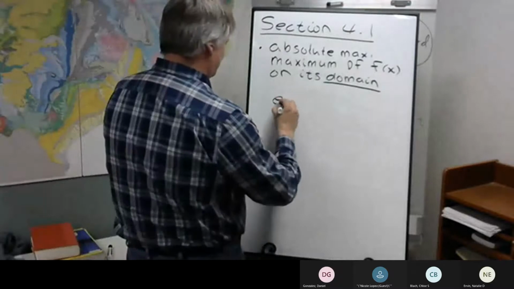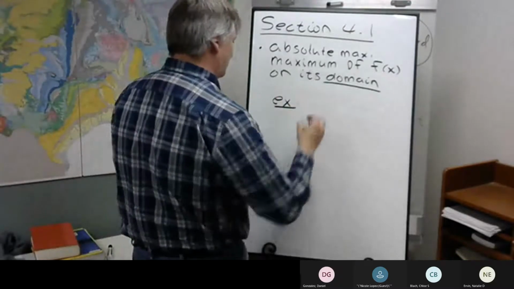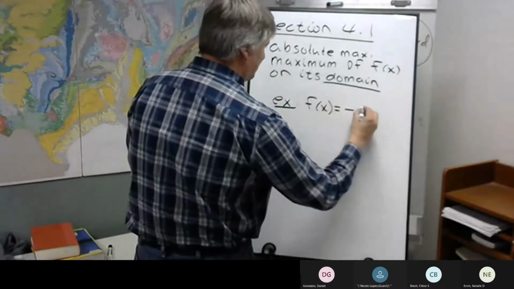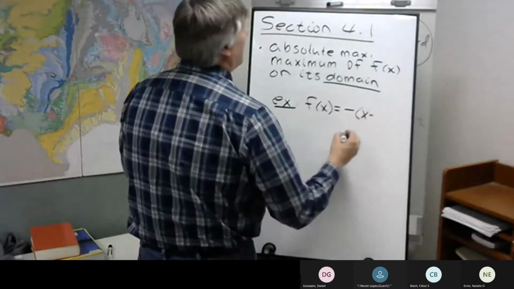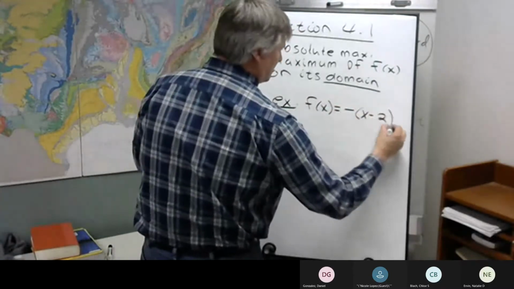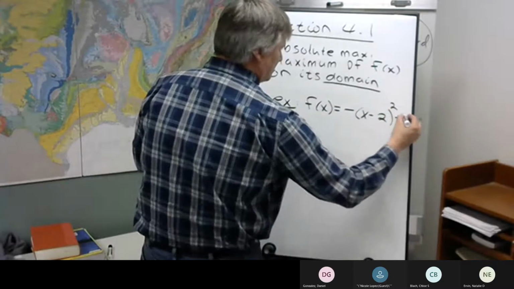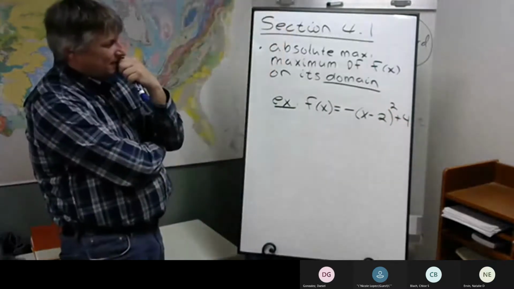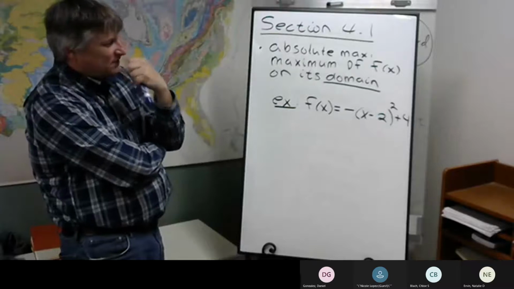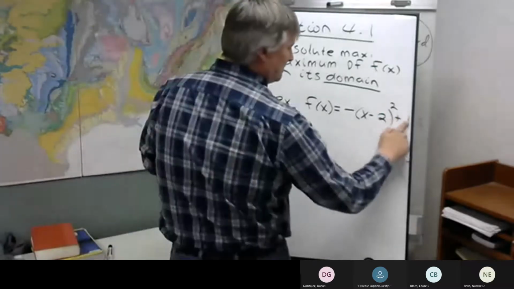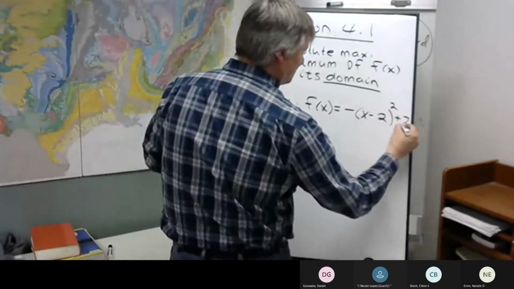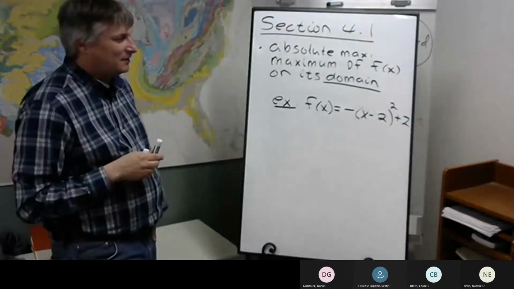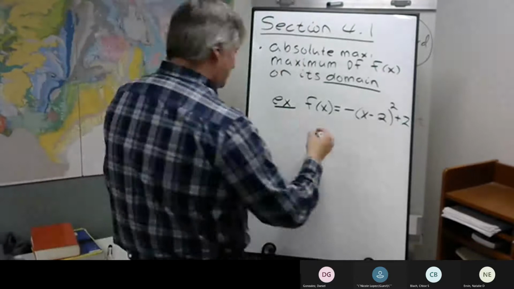Let's say f of x equals negative (x minus 2) squared, plus 4. Double check that real quick. Let's go plus 2. All right, so what happens if we graph this?